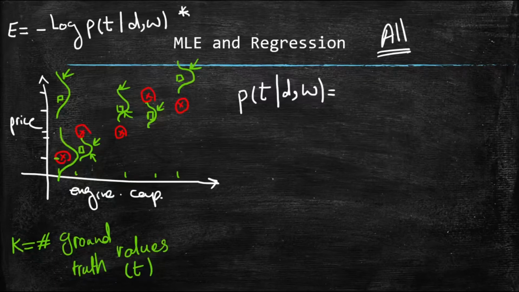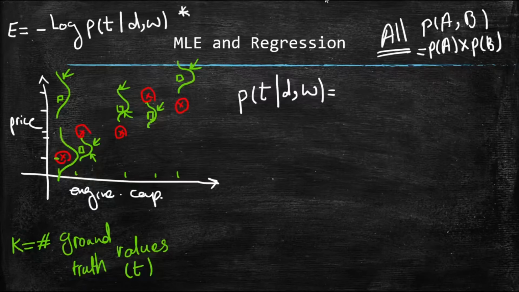Why? Because they're independent. You remember that in probability, if I were to say, what is the probability of observing A and B, and if I had told you that A and B are independent, you would say that is equal to the probability of observing A multiplied by the probability of observing B, okay? So that's the story again here.